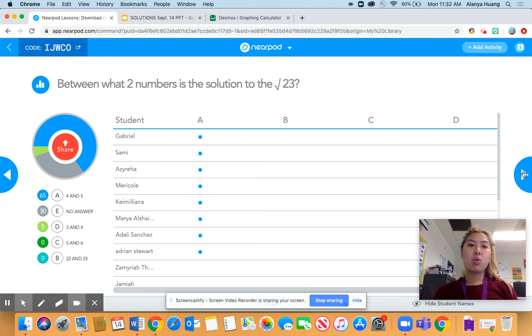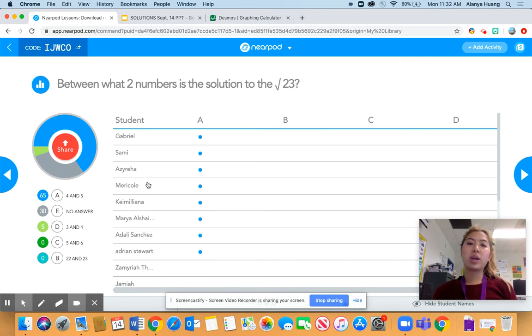Then there was a poll where you had to answer between what two numbers is the solution to the square root of 23. A was 4 and 5, B was 22 and 23, C was 5 and 6, D was 3 and 4. So the perfect squares that are closest to 23 are 4 and 5, so answer choice A was the correct answer.